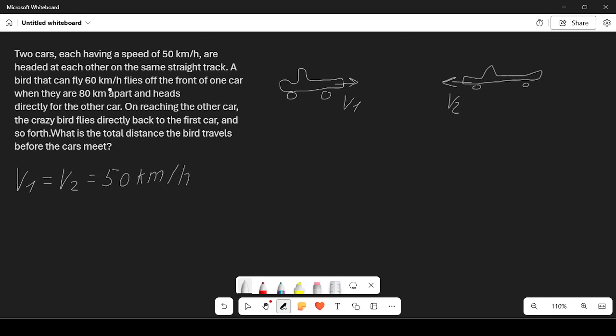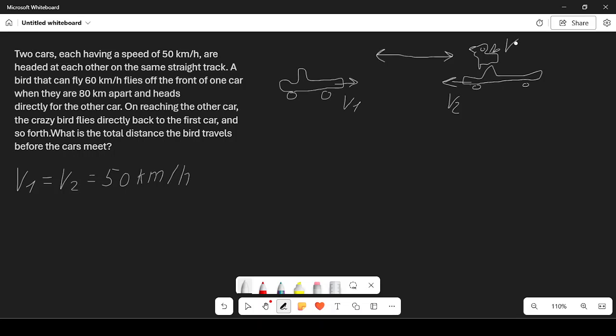So we have a bird. Let's say we have a bird here. And this bird flies from this car to the other, and then from that car back to this car, and so on. So it's a kind of strange bird, but anyway.